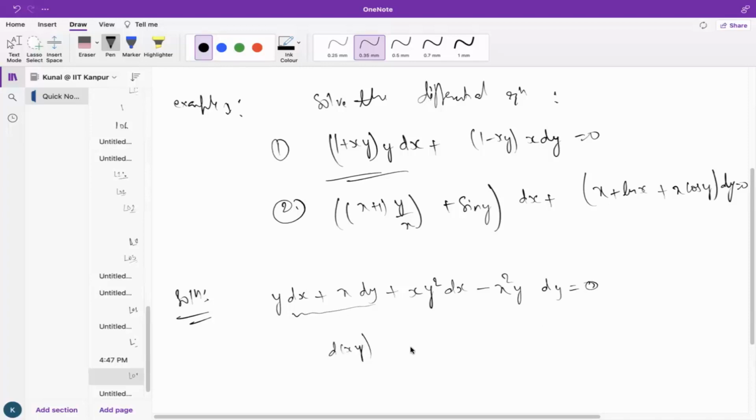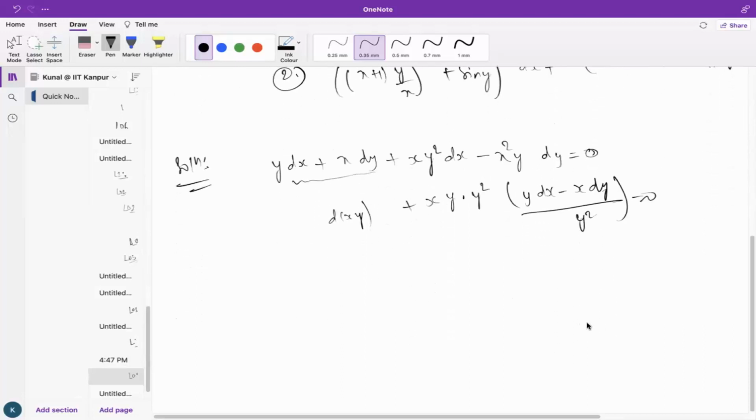And the rest of the term we can write as x y square into y dx minus x dy divided by y square is equal to 0.